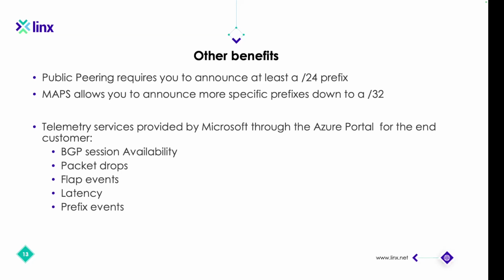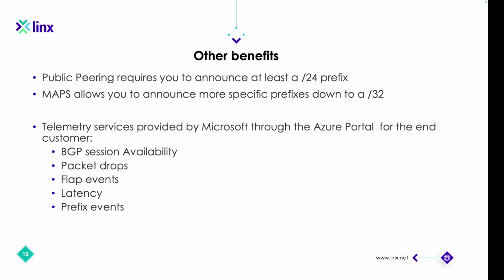You have some basic statistics about packet drops. If the BGP sessions flapped, it shows you latency between them and your endpoints for the different prefixes, and it will log if a prefix has disappeared and reappears. And again, there is no cost for enabling that. You can do that at any point in time. From what we see, a lot of customers don't necessarily use it. It's not a requirement that you set it up on the Azure portal.